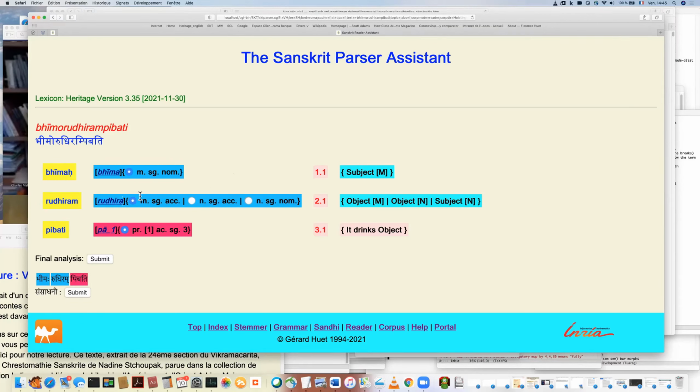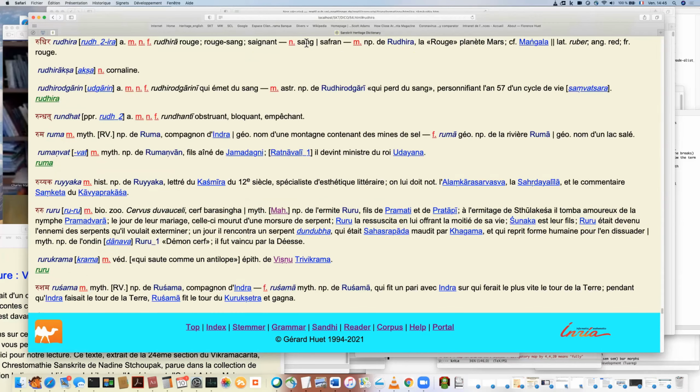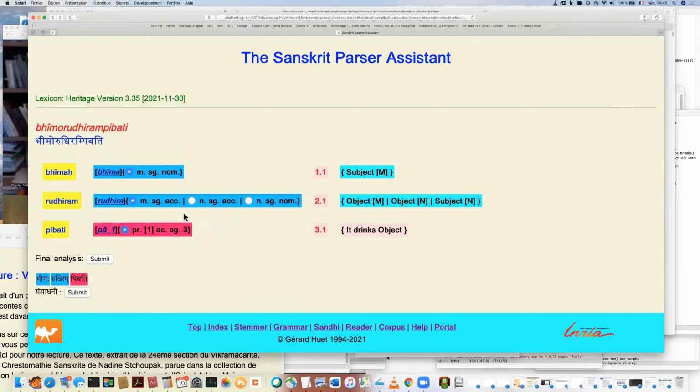Now Rudiram means blood. It's an adjective which means red, but as a noun, it's neuter. So here you should click on the napum indication. And here this is what is being drunk, so it's not pratama, it's dvitiya.